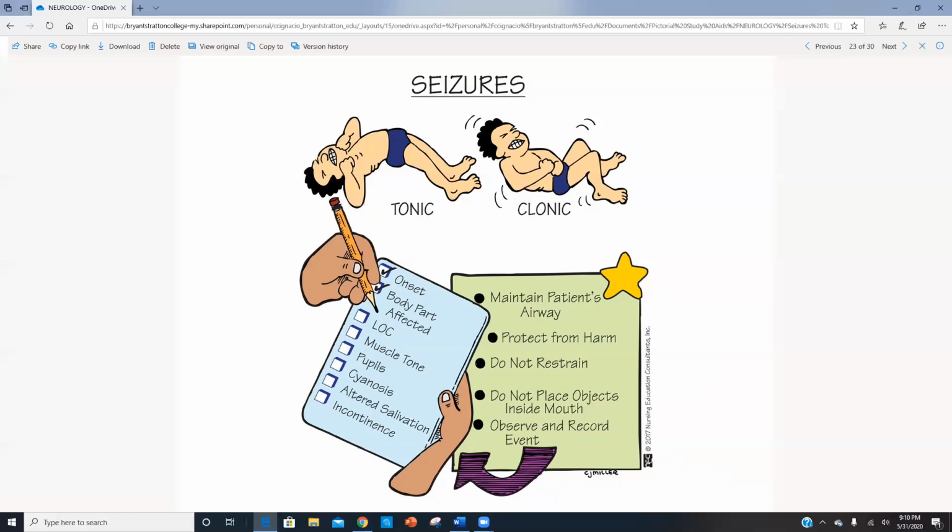So for a patient in status epilepticus, we will initiate seizure precautions. We will administer lorazepam or diazepam or phenytoin. We will also monitor for bradycardia and heart block. We will do those things to keep our patients in status epilepticus safe.